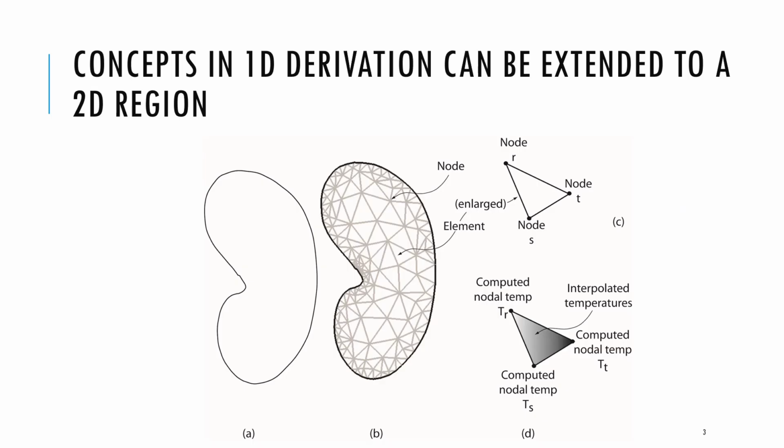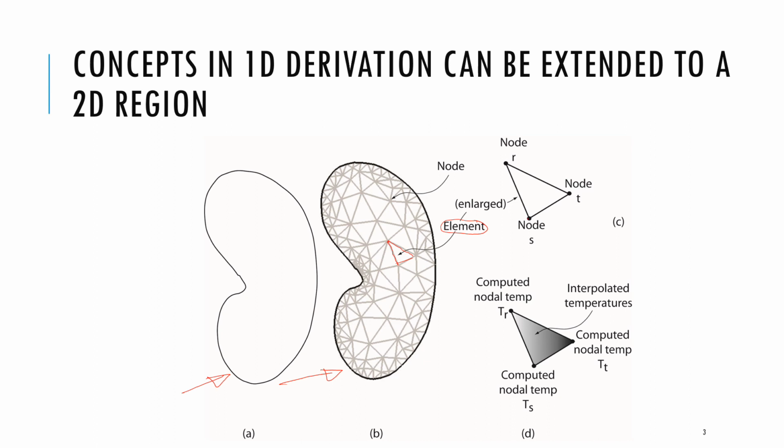So here, this slide is just to make the point that any arbitrary domain can be approximated by a domain with a whole bunch of triangles, let's say. So here in this case, these are the triangular elements. So this is one element, and this element is enlarged here.